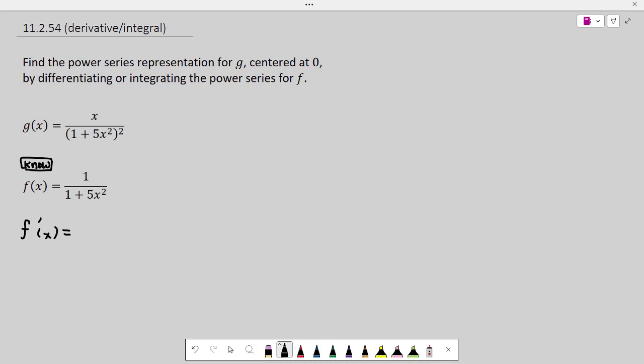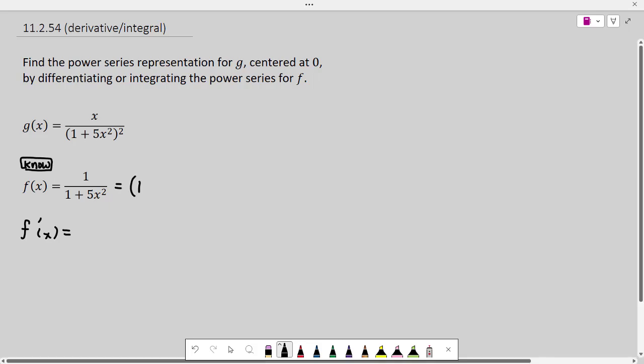So if we take the derivative here, there's a couple of ways you could do it. You could use the quotient rule. You could write it like that. So then we get negative one, bring the power down to the negative 2, subtract 1.